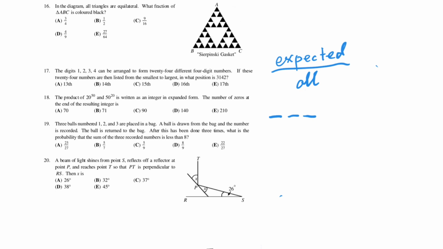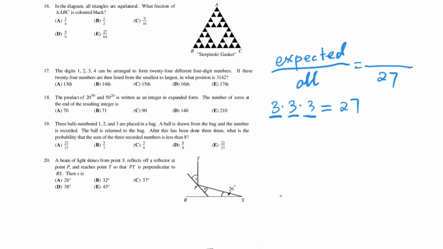For the first draw, how many numbers can we choose? 1, 2, 3. So a ball draw has 3 choices. Maybe 1, maybe 2, maybe 3. Because it's returned to the bag, the bag still has 3 balls. We draw the second one, that's another 3 choices. And the last one is still 3. So the total events will be 27. So those are all the events.